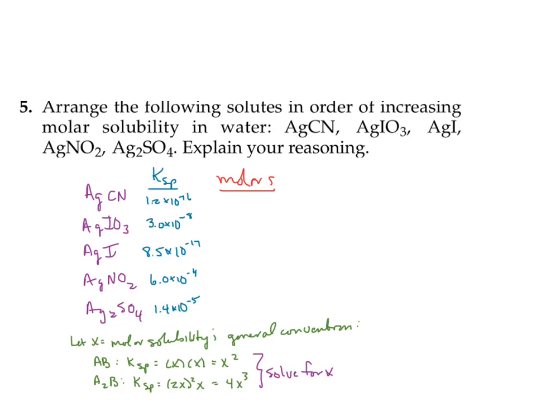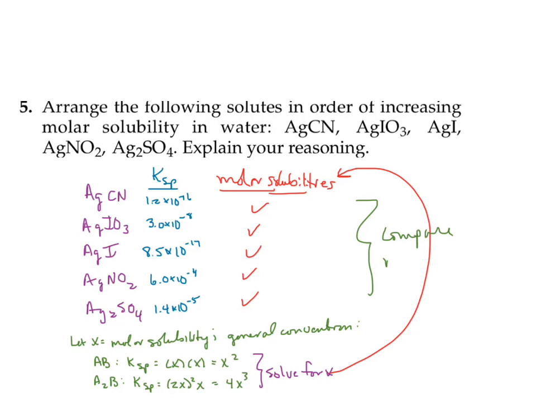The only other pattern we have up here is A2B in this last one, and you can knock out the molar solubility this way. So I would come up with 5 molar solubilities. That's the only way I know to do it. Once you've got the molar solubilities, you can answer the questions, but you can't answer that question with just KSPs.